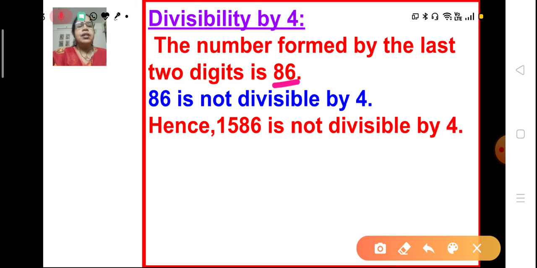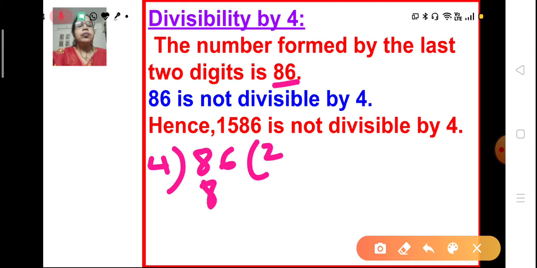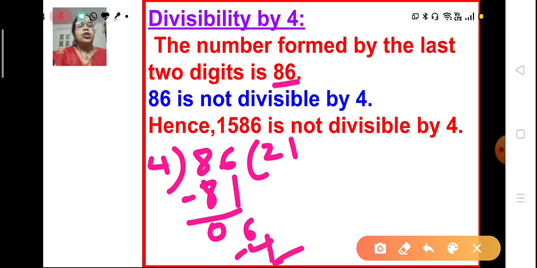We can check this. 86, 4 2 times is 8. 8 minus 8 becomes 0. Then we take 6 here and 4 ones we can take. 4 ones are 4 and then 6 minus 4 is 2 and we get the remainder as 2.